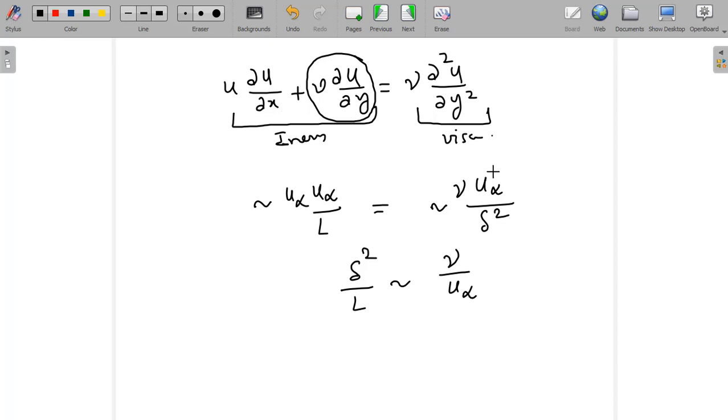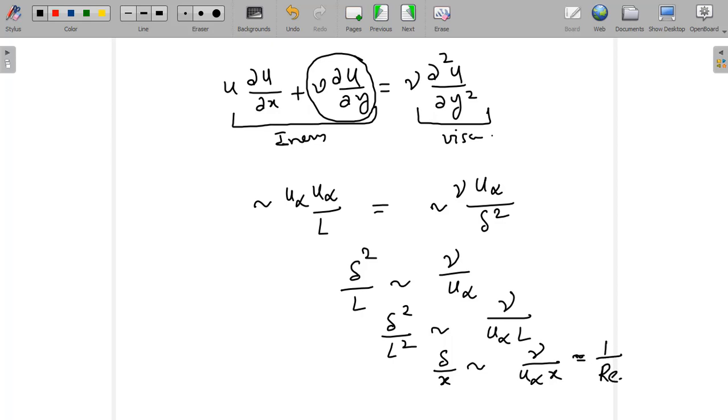One u infinity will cancel and the other will come here, so delta square by L square will have the order of magnitude nu by u infinity into L. Okay, so instead of L, if we write x at any location x, that will have the order of magnitude nu by u infinity into x. And nu by u infinity into x is nothing but 1 by Reynolds number Re_x.